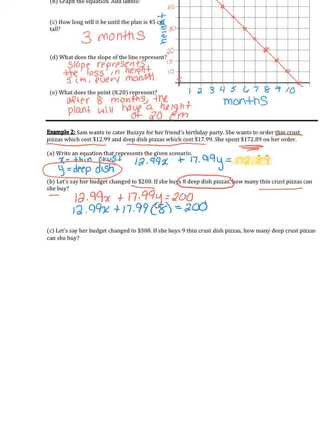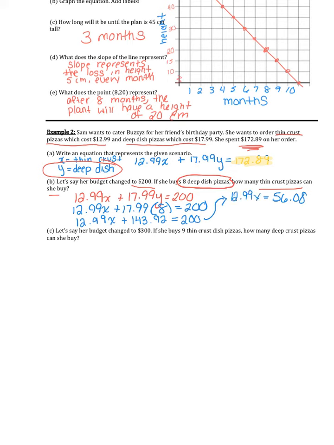And that gives me $143.92. That's a lot of money for pizza. And we're going to deduct that from 200, right? We're going to subtract. So 200 minus 143.92 gives me 56.08.